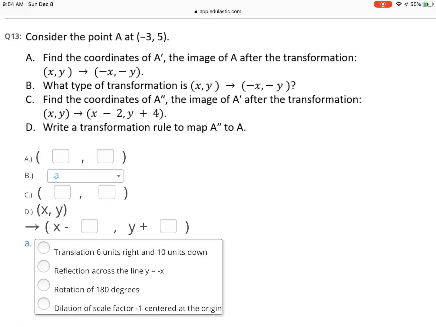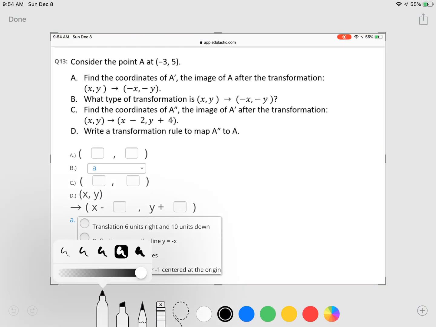Okay, so it says consider the point A at negative 3 comma 5. Find the coordinates of A prime, the image of A after the transformation x, y goes to negative x, negative y. Okay, so we'll start with that. Option A, find the coordinates.